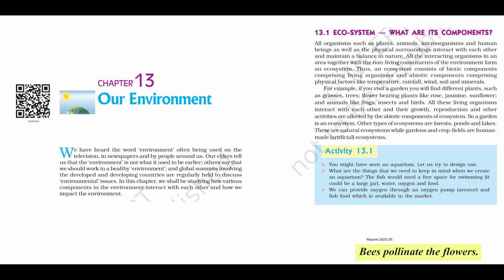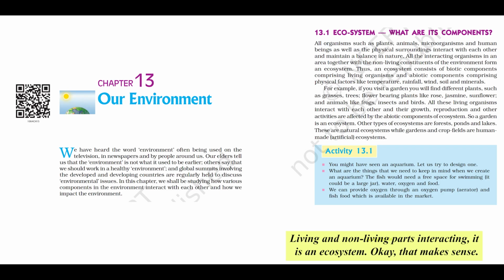Bees pollinate the flowers, birds might eat insects, but their lives are totally shaped by the abiotic factors too. The amount of sunlight controls plant growth. Photosynthesis, right? Exactly. The soil quality, the water you give them, all abiotic. So even a simple garden fits the definition perfectly. Living and non-living parts interacting, it is an ecosystem. Okay, that makes sense. Living, non-living, interacting.